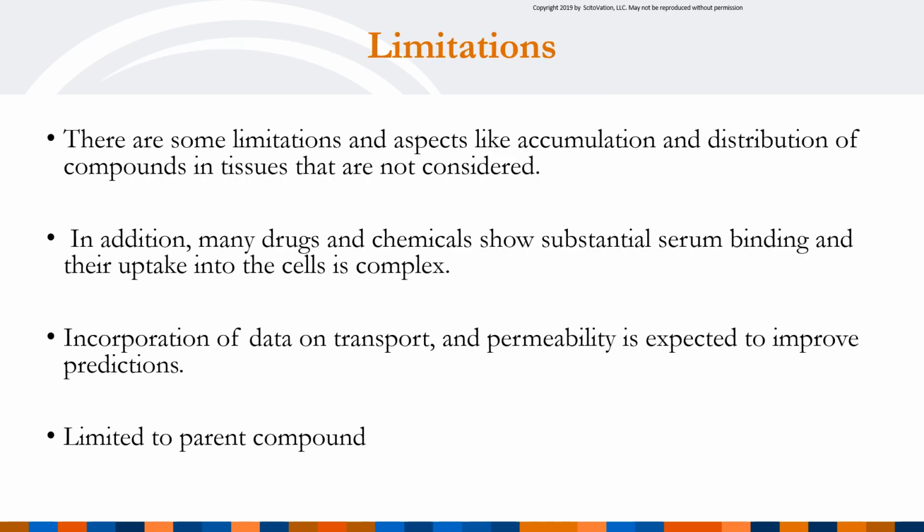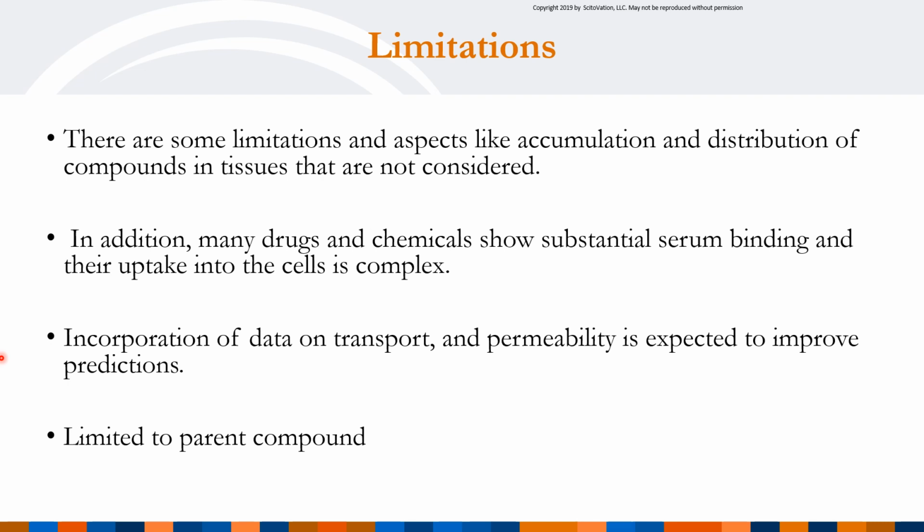This slide basically resumes what I just said. We have some limitations, like accumulation and distribution of compound in tissues, that are not considered with the simple IVIVE using a simple PK equation. Again, in the in vitro system, we can lose some compound because it's binding to serum or to the plastic of the wells, for example.